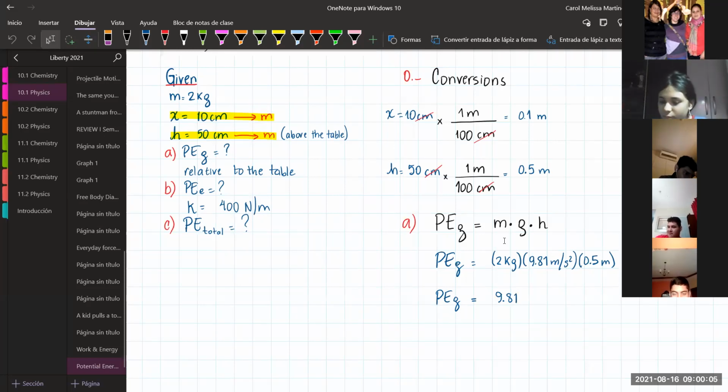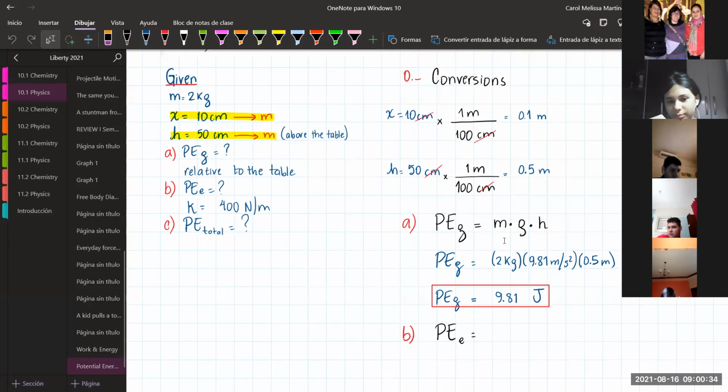So PEG is equal to 9.81 joules. With this, we finish the first part. We continue with part 2 of the problem, that is, get the elastic potential energy, or PEE.